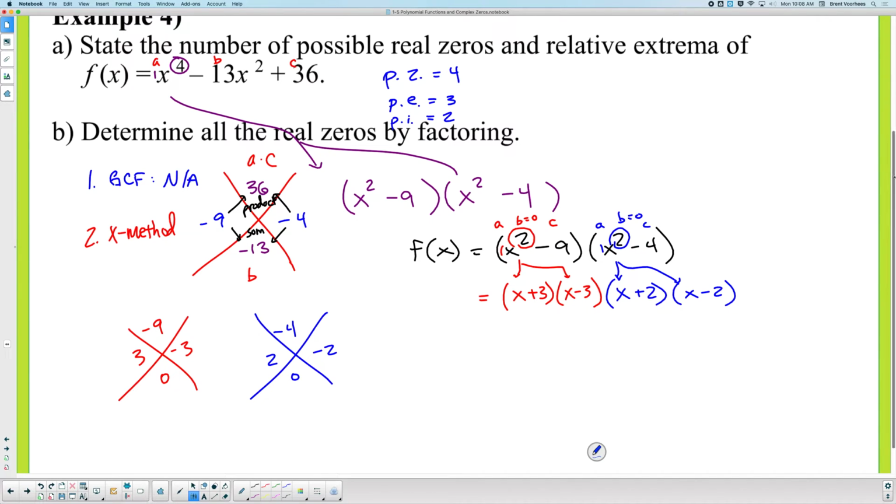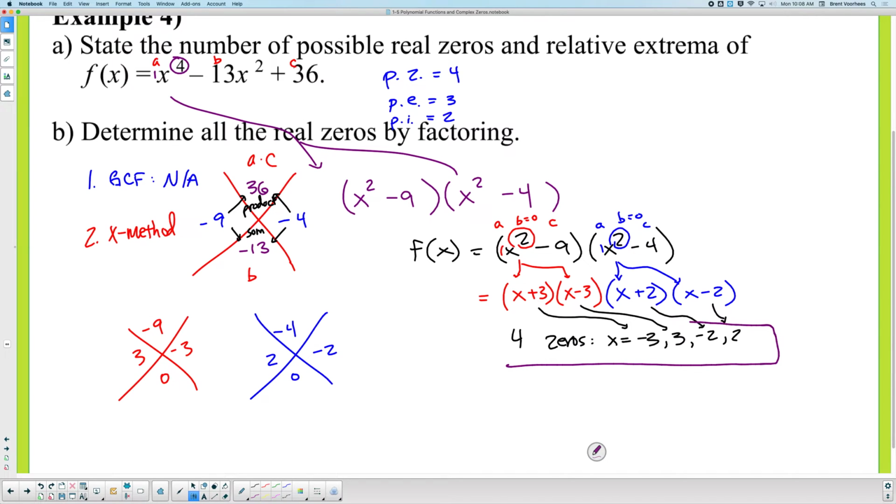Okay, so how many zeros do I actually have? 4 zeros. Where are the zeros located? -3, followed by +3, followed by -2 and +2. And those are in order. And again, like I said before, if you wanted to look this up, what should you Google if you want this more in depth from Algebra 2?